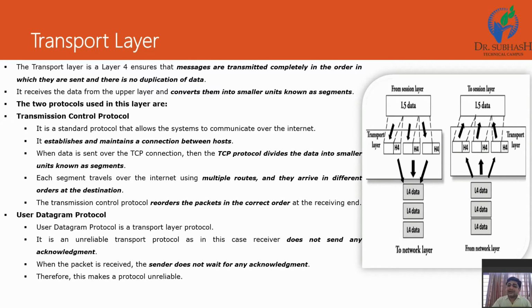TCP will rearrange your data in proper sequence. It maintains multiple routes to pass your data. In UDP, there is no acknowledgement bit passed to the sender, and that's why it is an unreliable protocol. So that is the workout of the transport layer.